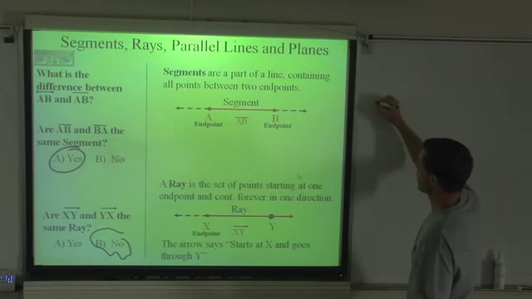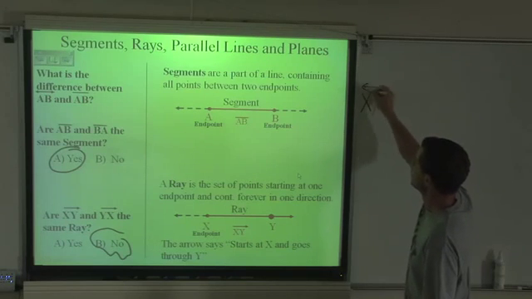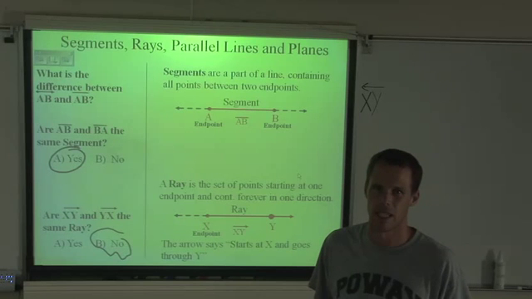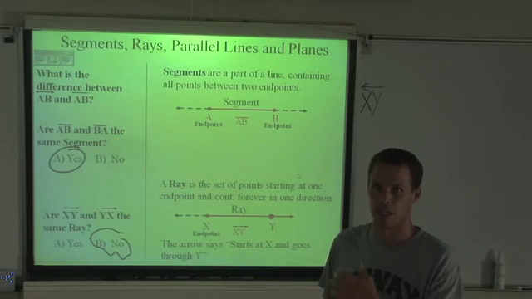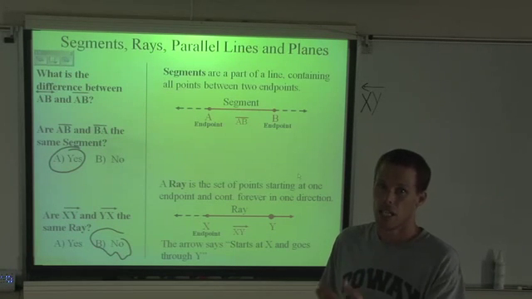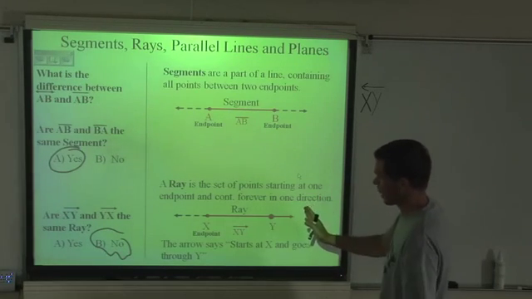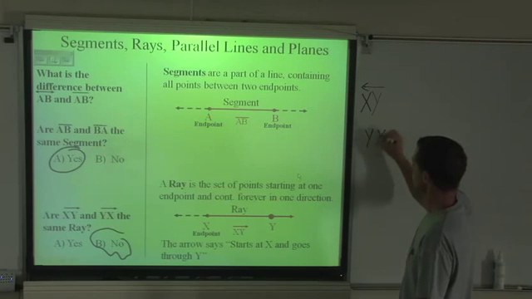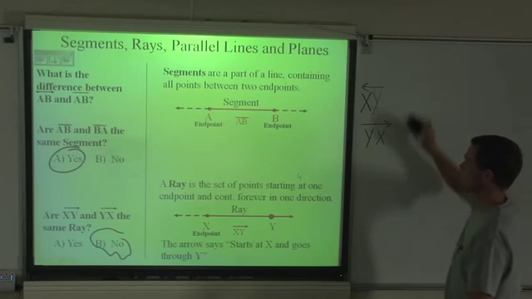Notice we do not write XY with the arrow pointing to the left. We read left to right, so as we describe a ray, we put the starting letter first and then the direction second. Even if the direction in the picture is to the left, we still name it by putting the arrow to the right.